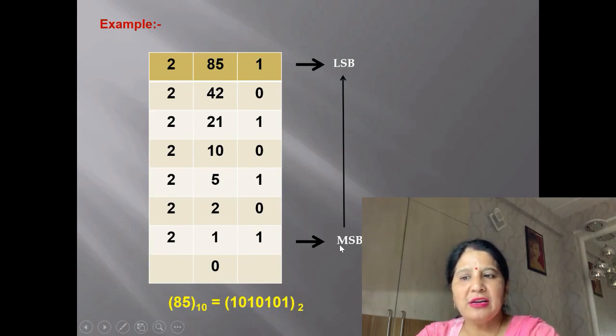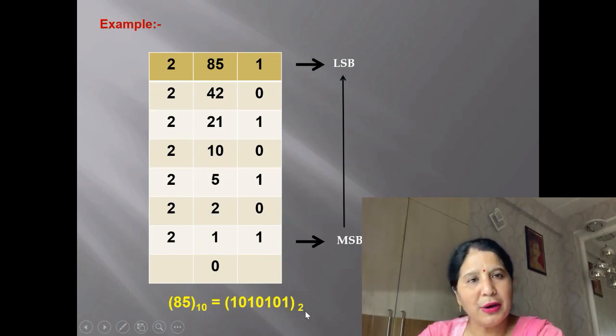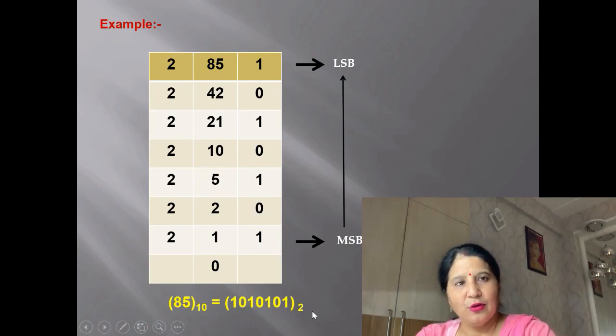Now same, we will write from MSB to LSB, from bottom to top: bottom 1, then 0, then 1, 0, 1, 0, 1. So we will write like this, and the base will be 2 because we have converted this decimal number into a binary number. Hope you all understood.